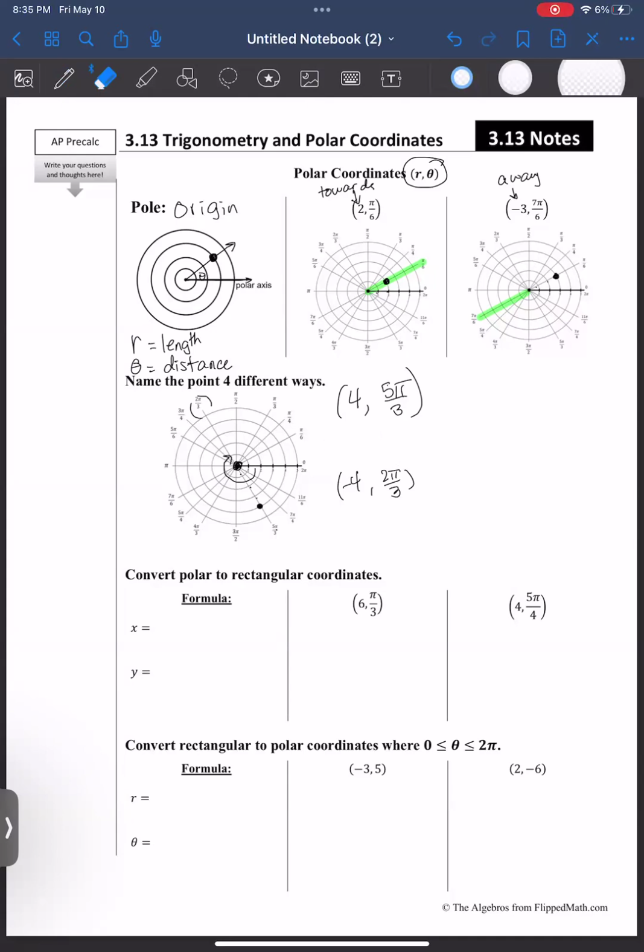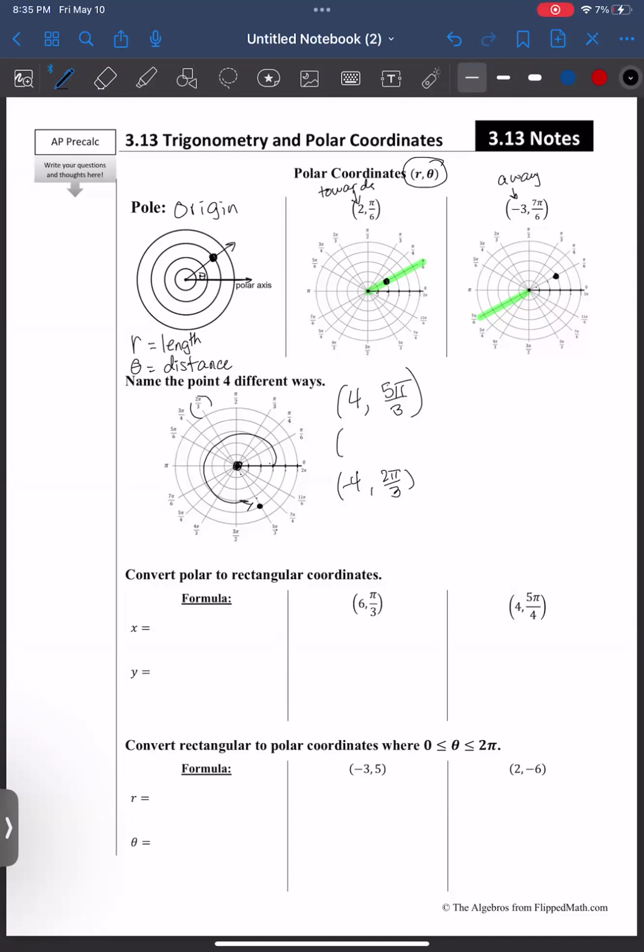Let me explain that one again, because I accidentally explained the 2 pi over 3. I got ahead of myself. Well, 5 pi over 3 is if I went the normal, regular way for my angles to go. They go counterclockwise. So going this way is how I got there. But now let's say I go in the opposite direction. Let's say I'm going clockwise from it. That's going to be in the opposite direction.